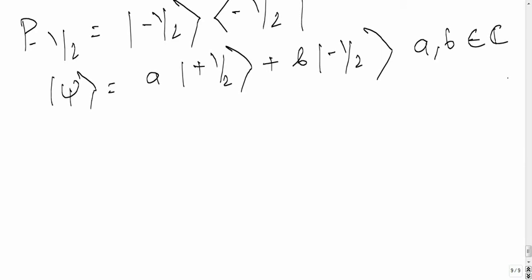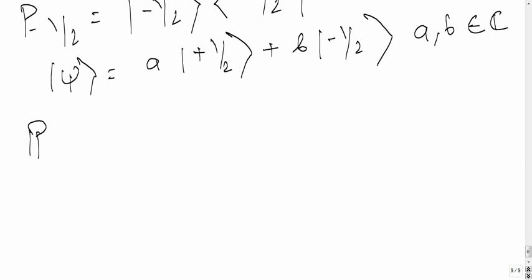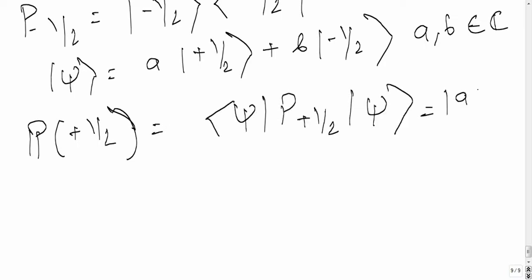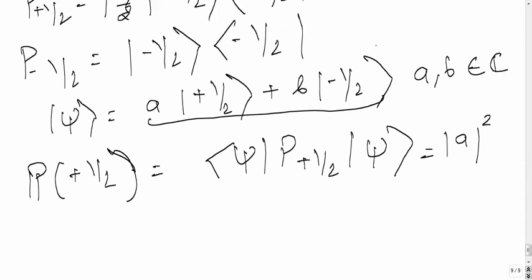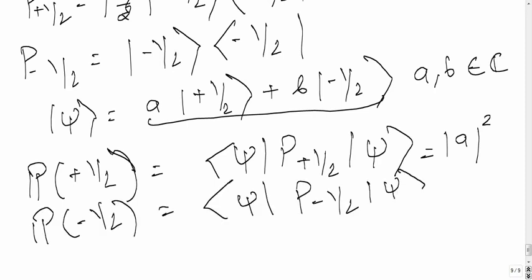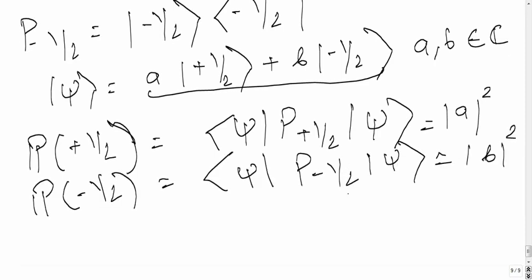So the probability of having the eigenvalue plus h bar by 2 is given like this according to the postulate, and if you calculate, this is the magnitude squared of the complex number a, and the probability of minus half is given like this.